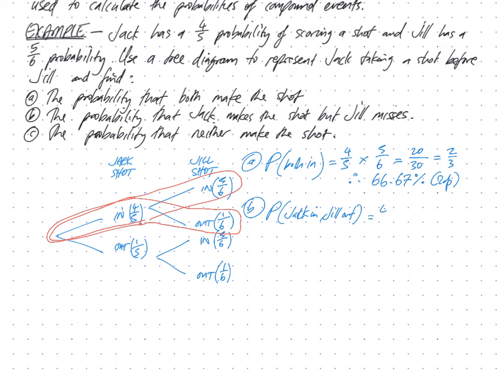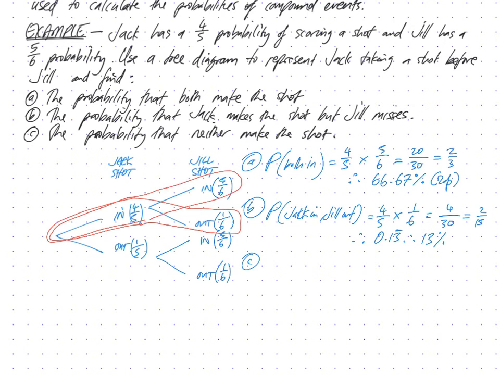That's going to be 4 out of 5 times her chance of missing, 1 out of 6. So 4 times 1 is 4, 5 times 6 is 30. That cancels down to 2 over 15, but it doesn't cancel down anymore. So calculating, 2 divided by 15 is 0.13 recurring, therefore around about a 13% chance of Jack getting it in but Jill missing.